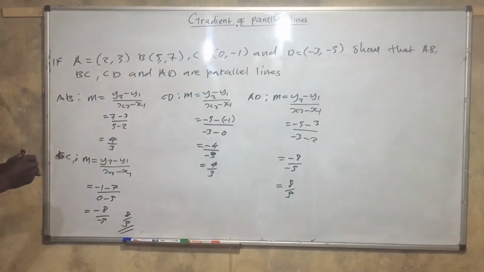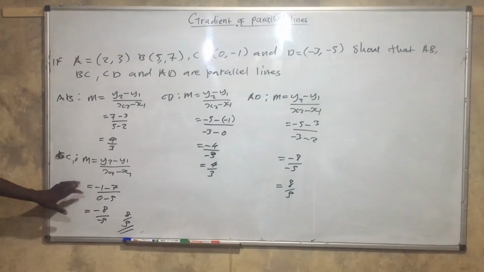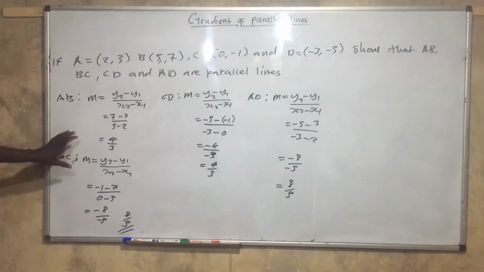So from this point we can check the gradients. The lines which have the same gradients are the lines which are parallel.